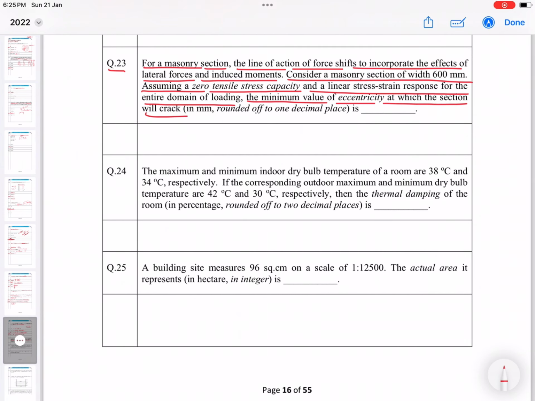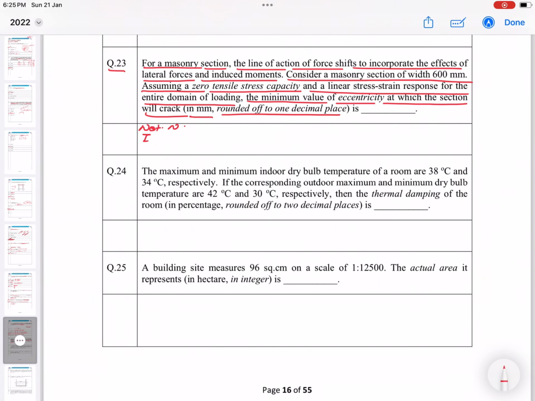The minimum value of eccentricity at which the section will crack, in mm, rounded off to 1 decimal, they are asking. To give you a hint, this is not a numerical. They are not asking you to solve anything, they are just asking you an IS code.